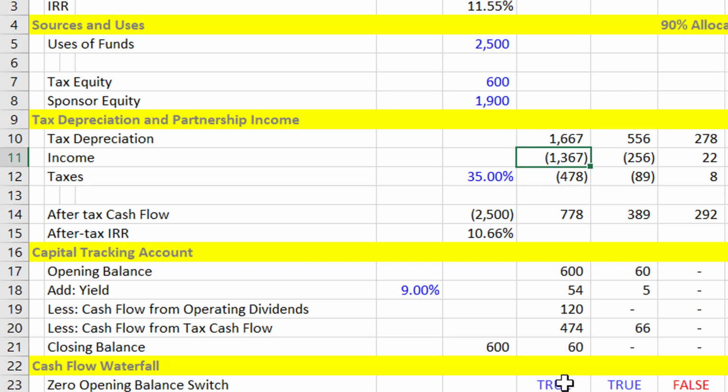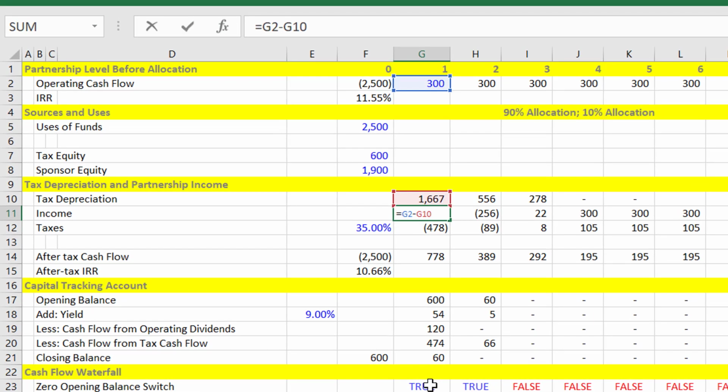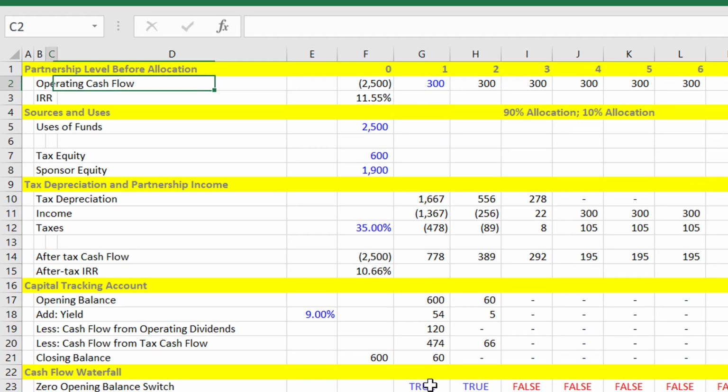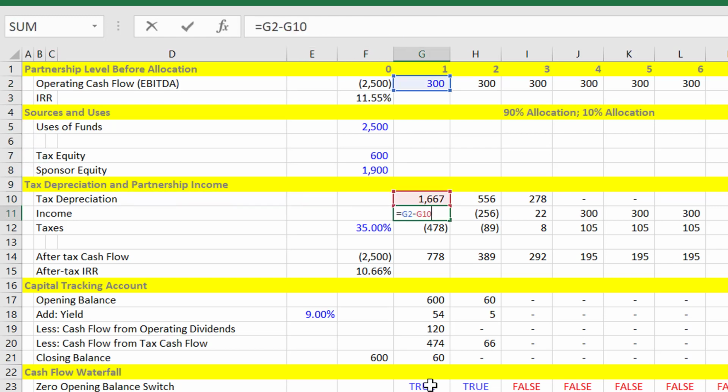And then we need income. So this is kind of like our income statement. Okay, so income is the EBITDA we have. I should call it operating cash flow. That's really just the EBITDA. Okay, suppose that you could have a little bit of working capital to mess things up, and then you compute the income. That's what you need. In a time-based flip, you don't have to compute these taxes.